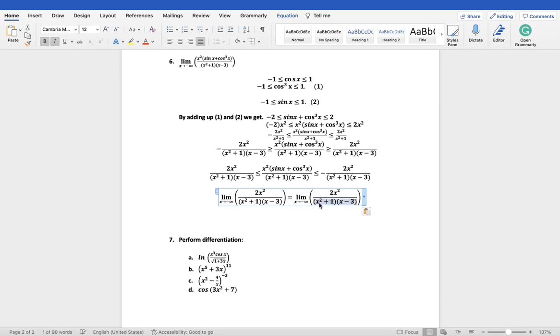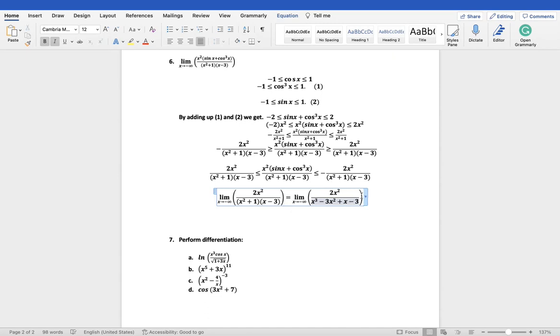We really don't have to, but it's just for clarity. So let's multiply: x squared times x is x cubed, x squared times minus 3 is minus 3x squared, 1 times x is just x, and 1 times minus 3 is just minus 3.